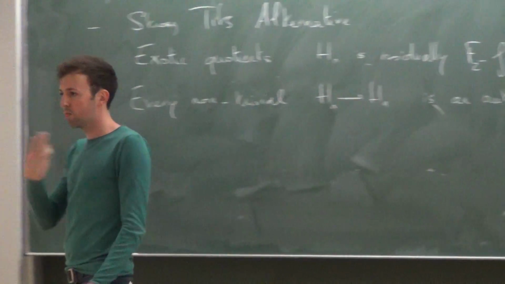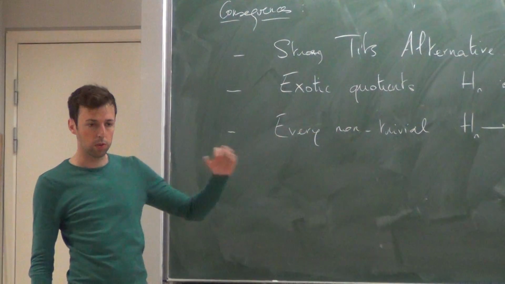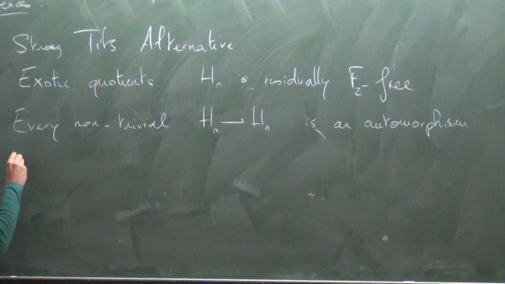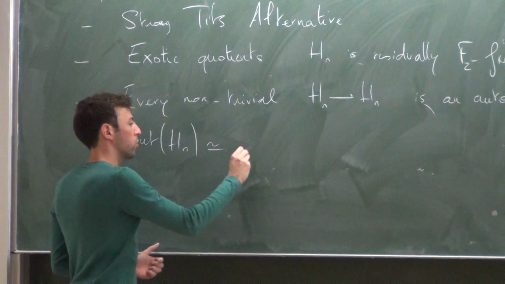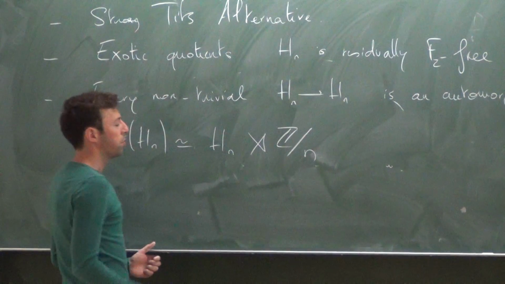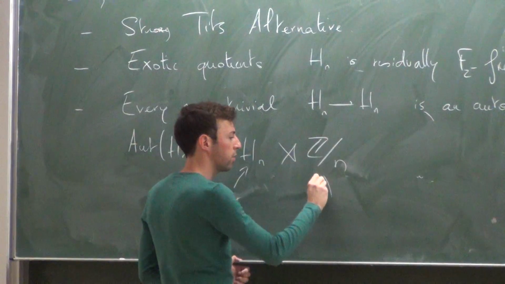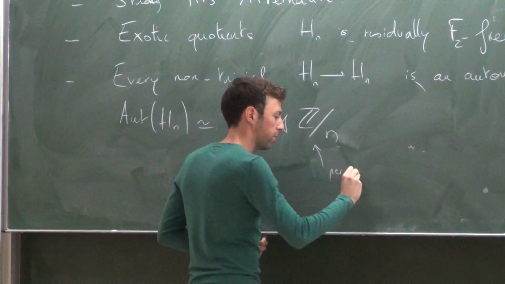So as soon as something is not killed, then you're automatically an automorphism. So it's an extreme form of being Hopfian and co-Hopfian. And you also understand the automorphism group. It splits as the semi-direct product of Hn, so the inner part, and a copy of Z/nZ, which corresponds to permuting cyclically the generators.